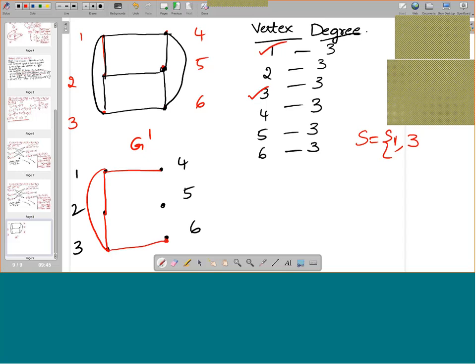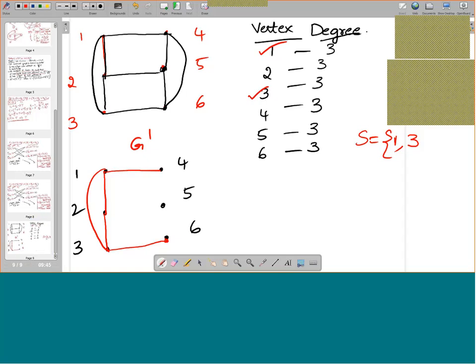So have all edges been covered? No. Maniteja, if you take 1, 2, 3, you cannot cover all the edges. Check once. Next.